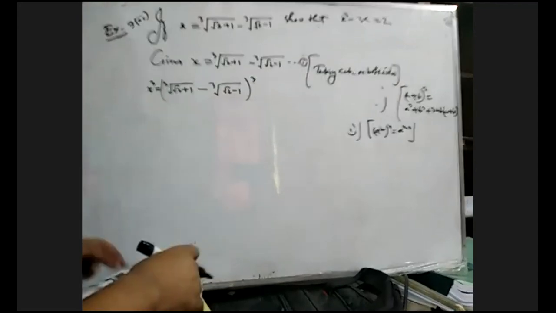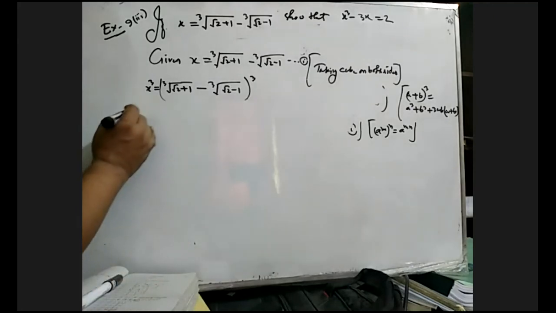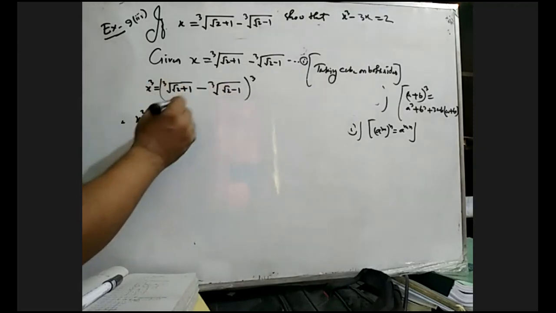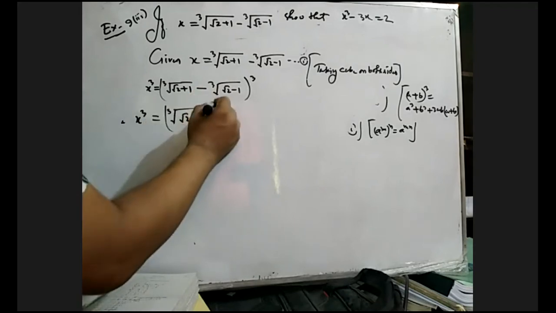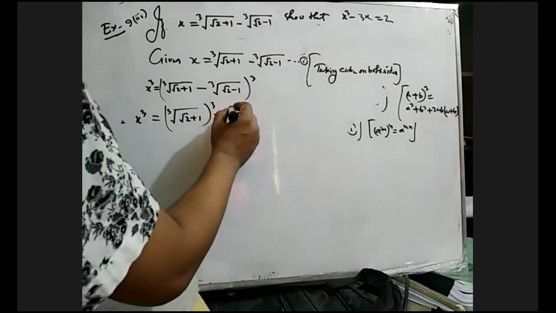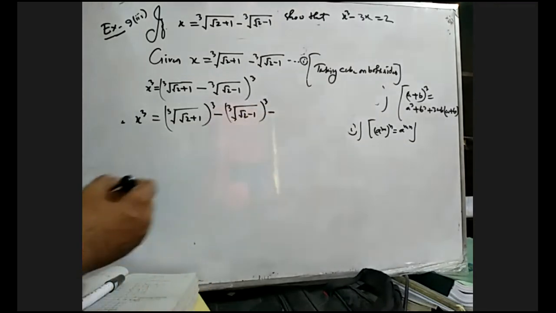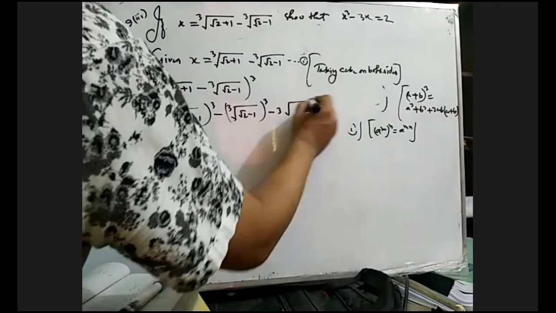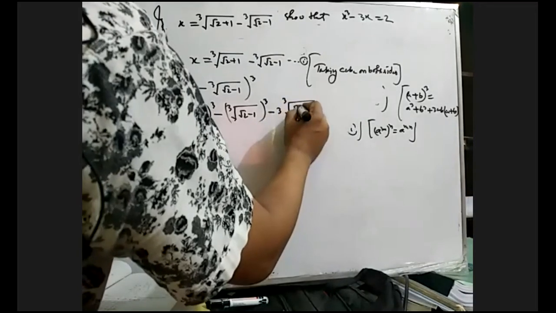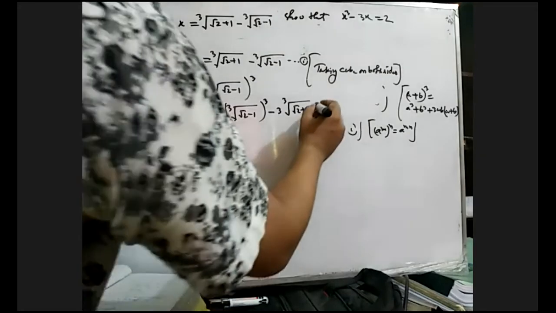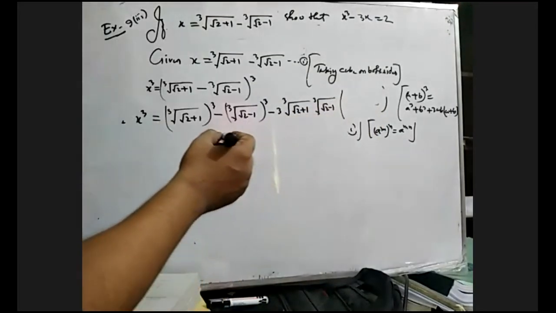Taking cube on both sides, what will be the result? x cube equals a cube, a cube root of 2 plus 1, a cube minus b cube, cube root of 2 minus 1, minus thrice ab into a minus b.